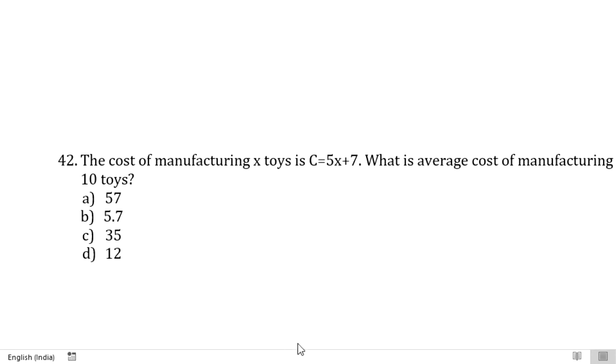The cost of manufacturing X toys is C is equal to 5x plus 7. What is the average cost of manufacturing? It's the same thing. What is total cost? I'm just solving this question in a different way. Total cost is equal to nothing but 5 into 10 plus 7. That is equal to how much? 57.